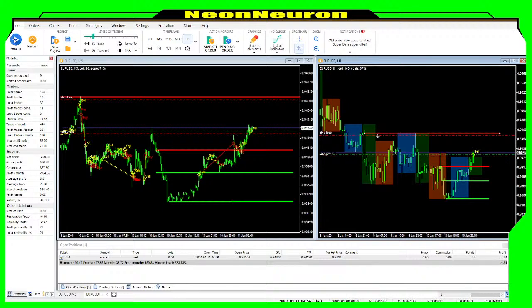But if we go back to here where the seller stepped in, and then we also have a point right here where the buyers stopped the seller's momentum.